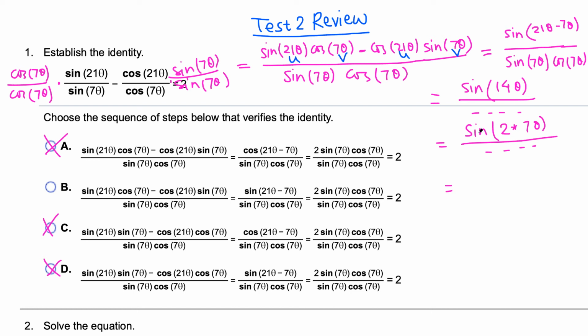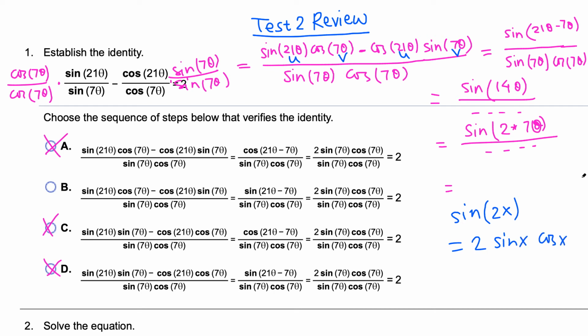On the top we have now sine of 2 times an angle. As we know, the sine of a double angle, sine of, let's say, 2x, is in fact 2 sine x cosine x.